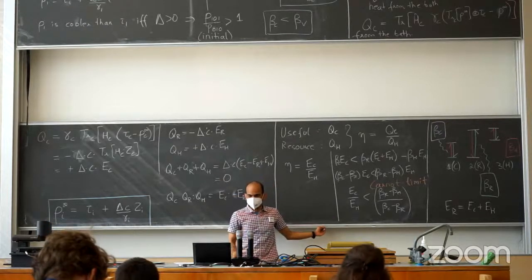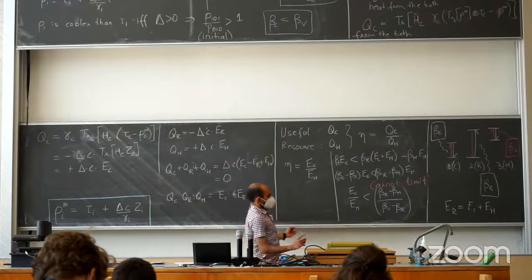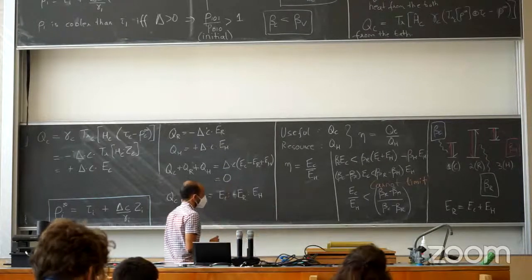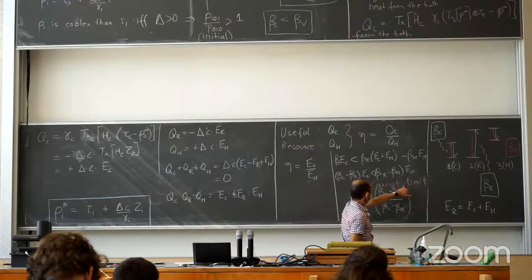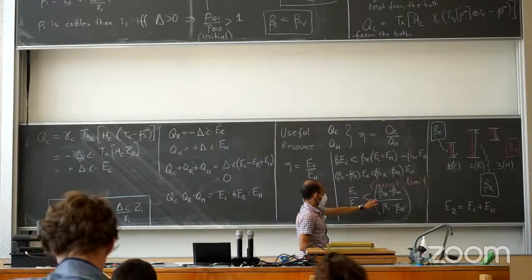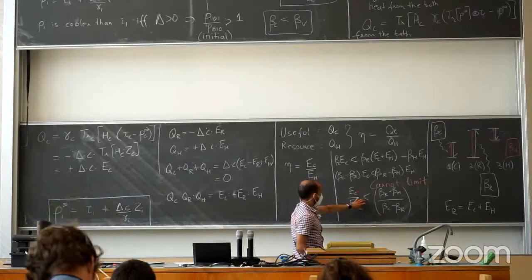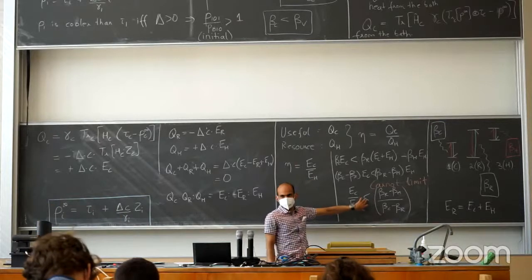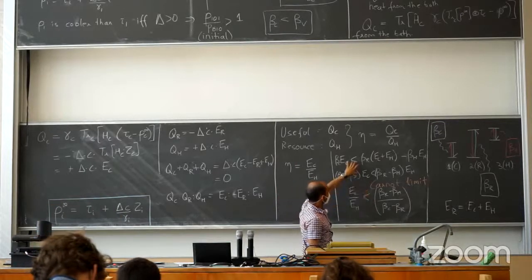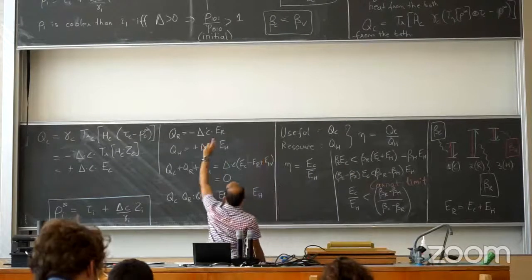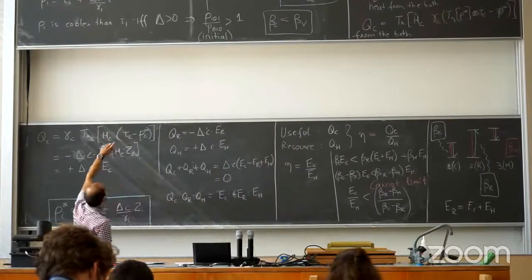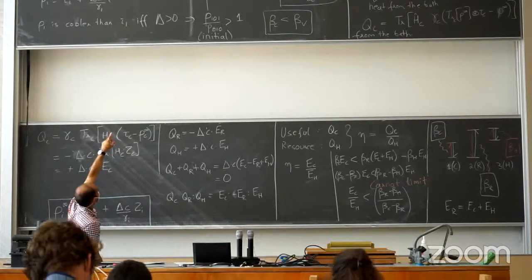Another thing to note is that just like in classical thermodynamics, the only way to reach this limit, so if you try to get EC over EH to be this value, then that would mean that you were essentially getting close to this being an equality, which is the same thing as getting close to the initial one being an equality, which is the same thing as getting delta, that term there, which was supposed to be greater than 0, to be very close to 0.